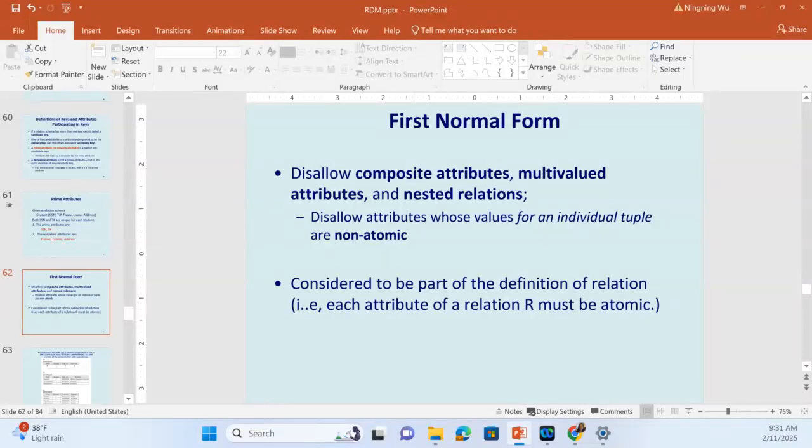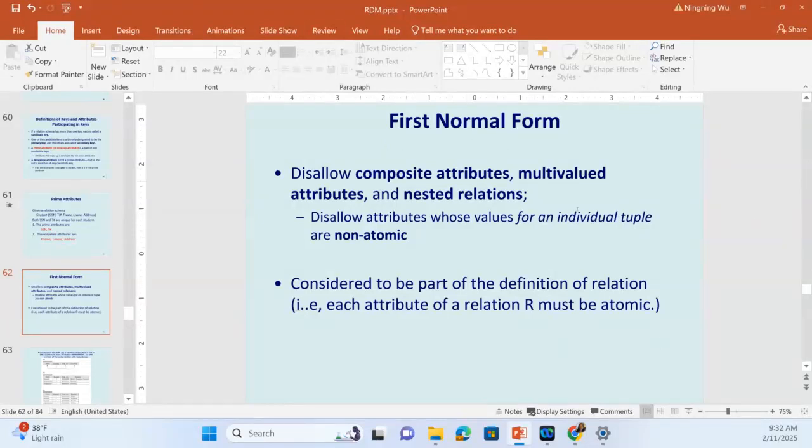We can either treat a name as a composite attribute, a single attribute whose value is composed of several subfields or subcomponents, or we use several independent attributes, one for each component of the name.